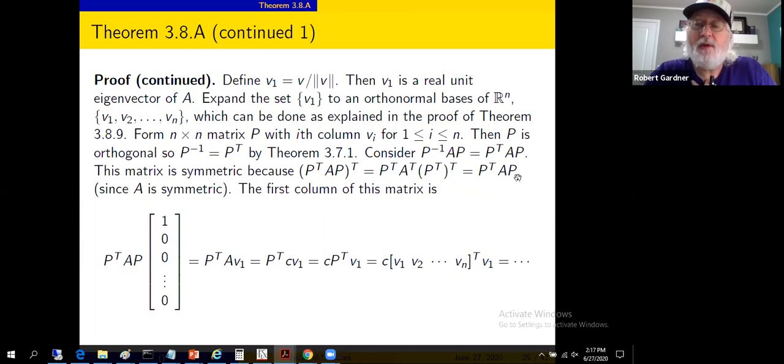That gives us a P on the right and a P transpose up front. We're in this assumption that A is symmetric, so A transpose equals A. So this matrix, P transpose AP, when transposed, equals itself. So P transpose AP is symmetric.